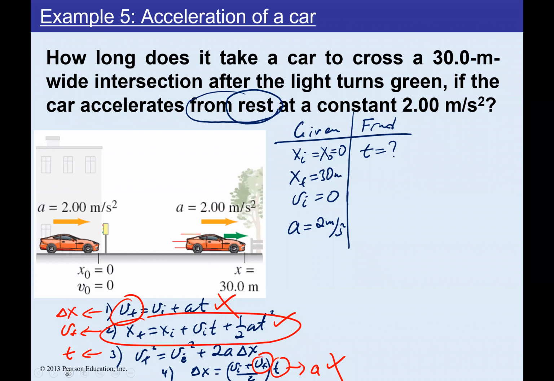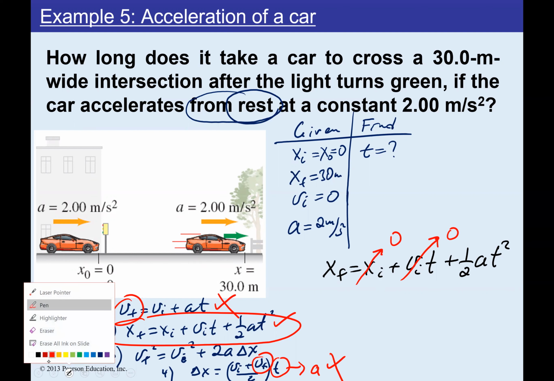So then what we do here is use that equation: X final equals X initial plus V initial times time plus 1/2 A T squared. All right, so that's the equation. You can then simplify because X initial is 0. Well, V initial is 0. That means this whole term is also 0.